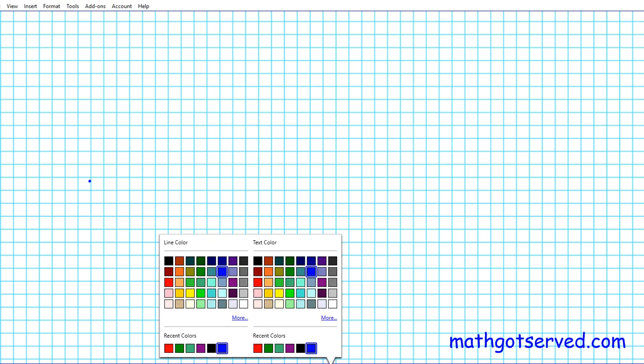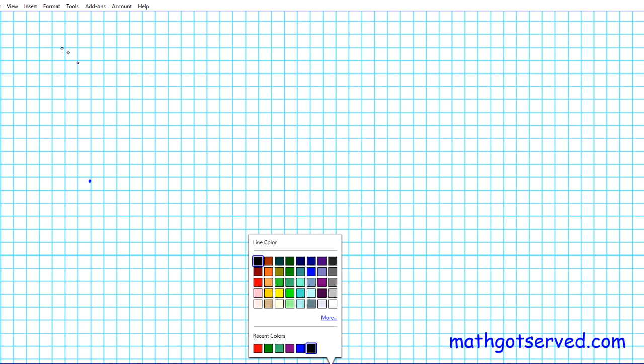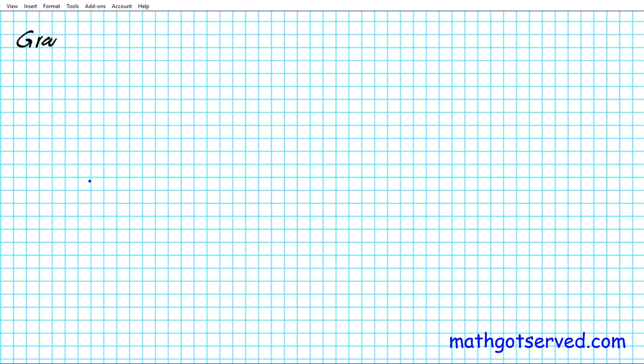All right, let's take a look at the instructions for the examples that we're going to do. We're going to graph the equation of each line given in slope-intercept form.